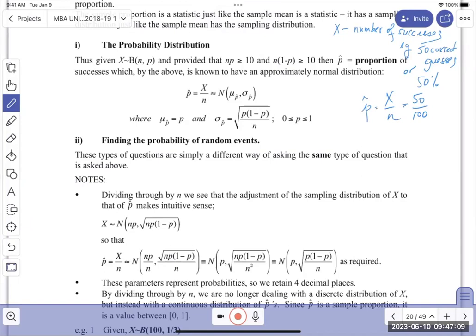P hat is the symbol we're going to use for the sample proportion, where N is the sample size, and X is the number of successes. P hat is the sample proportion of successes.